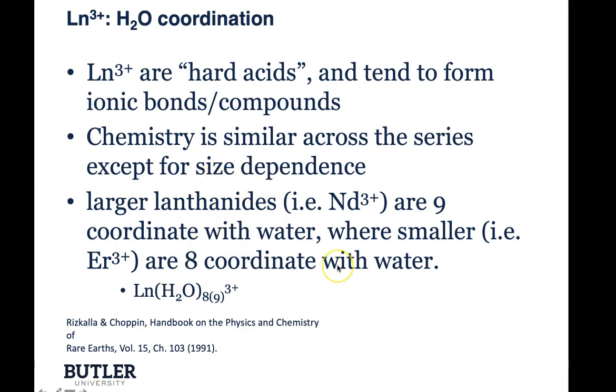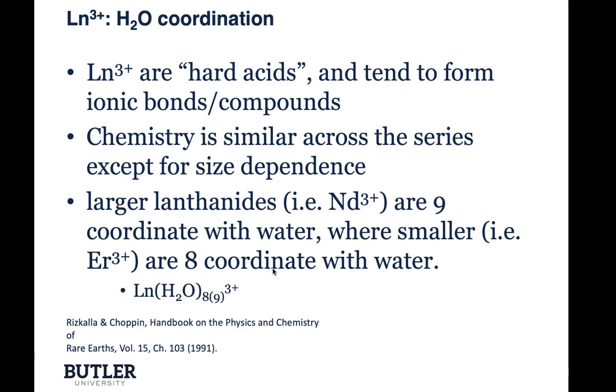Your large lanthanides will tend to have 9 coordinate because you can fit 9. In this case, this is the aqueous system. You can fit 9 waters around the size of a neodymium ion pretty easily, whereas when you get to the smaller elements like erbium 3+, you might only get 8 around comfortably. So you end up with a size steric constraint that drives their chemistry.